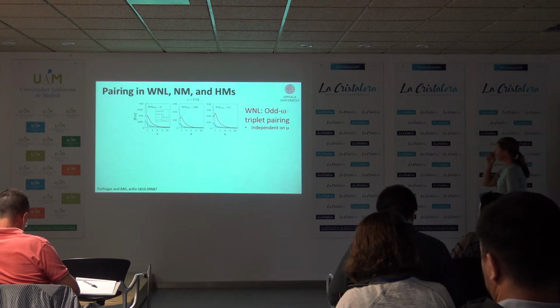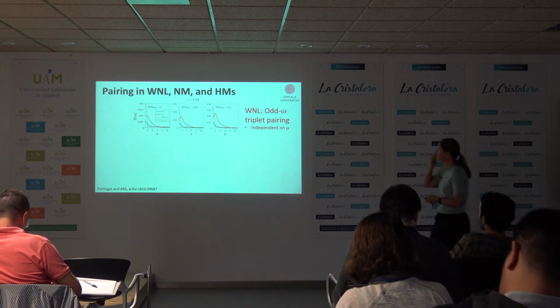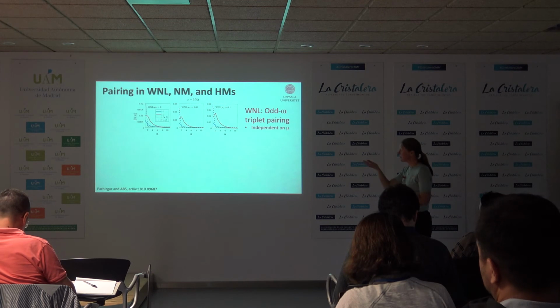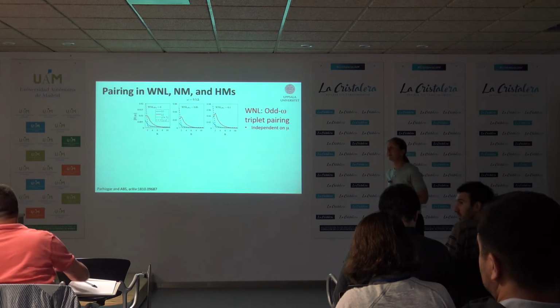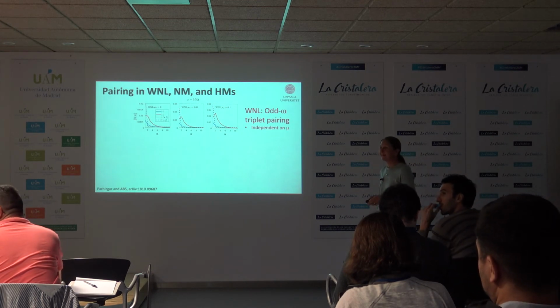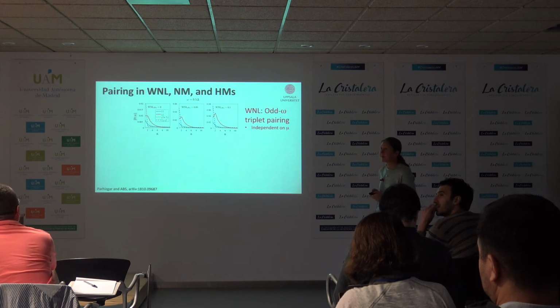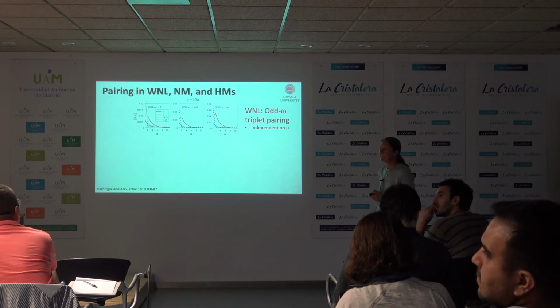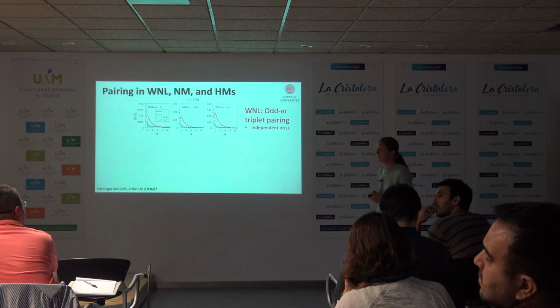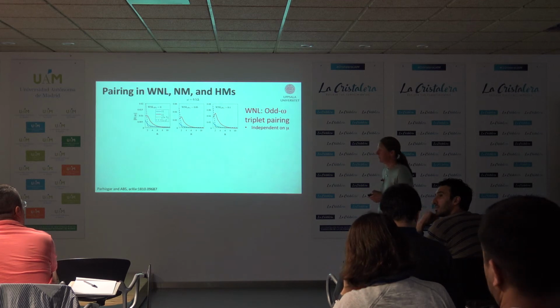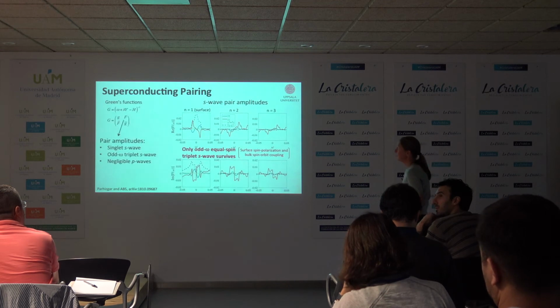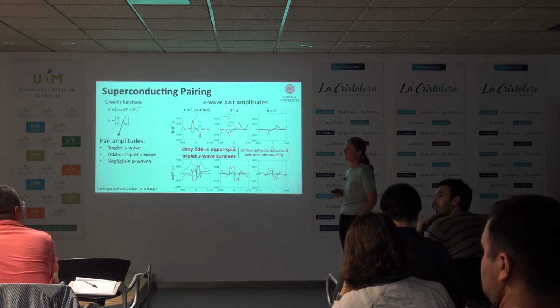So then we looked a little bit more into what happens to this pair amplitude when we move. Can I ask a quick question? Sorry to interrupt, but just for understanding of a couple of us. Normally, when you write down the equation for the anomalous Green's function, it's just the same as the gap equation. So there's a quantity delta that depends on frequency. You get F, which is odd in frequency.